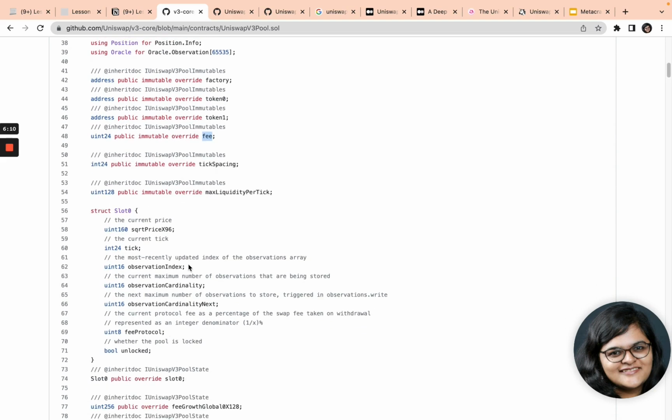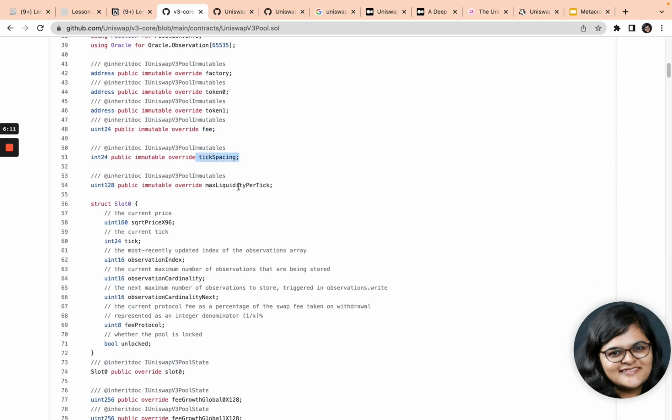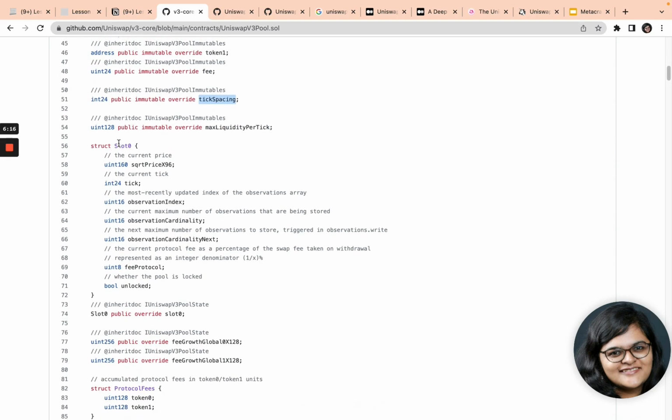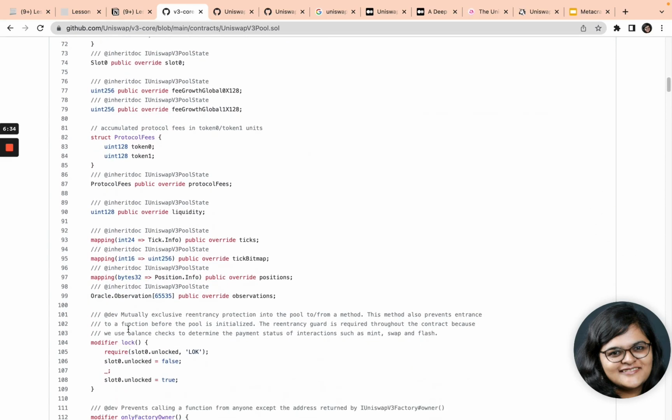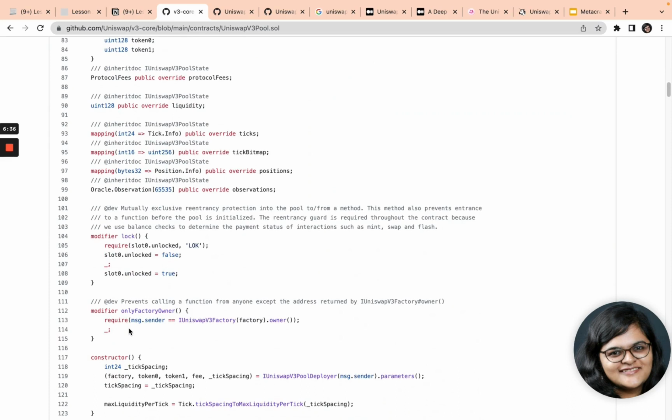And then you have tick related variables, the max liquidity per tick and tick spacing. And then here is the slot 0 that you saw, right, which is the zeroth storage slot of the pool, which is going to store multiple things. You can see the current tick, observation index, fee protocol, and all of these things that we recently saw. So let's go to some significant functions.